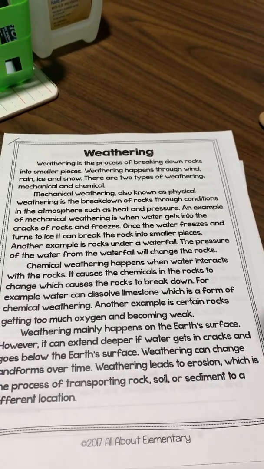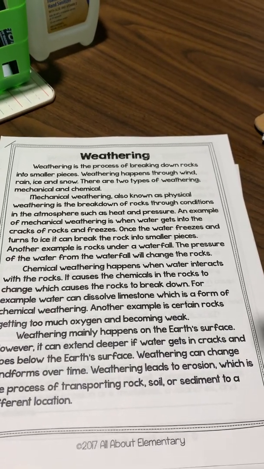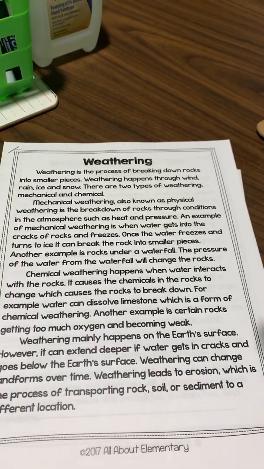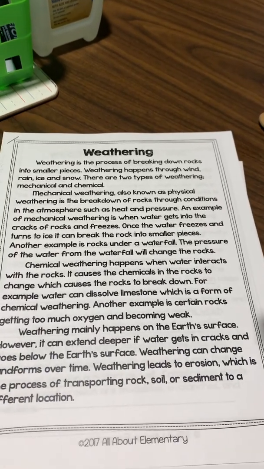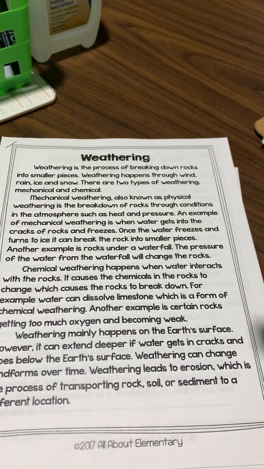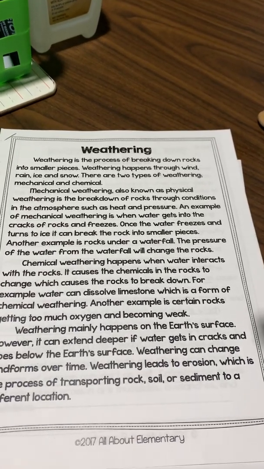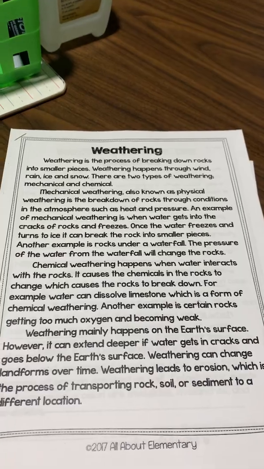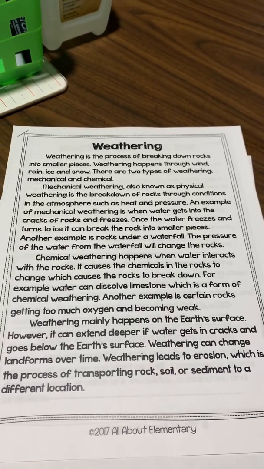The same thing happens to all things on Earth, whether they're rocks or buildings. Anything exposed to the weather can be weathered. We call that process weathering, which means that the weather is changing that item or object.